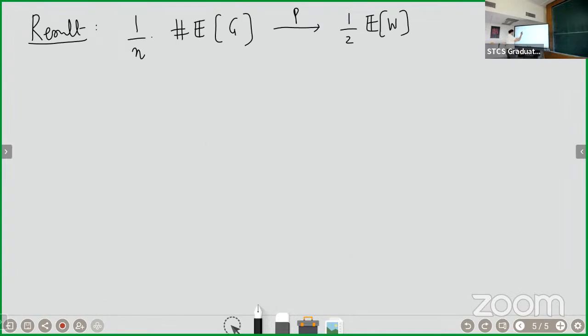A slightly easier one to show is the expected number of edges. This is not expectation, it's just the number of edges.